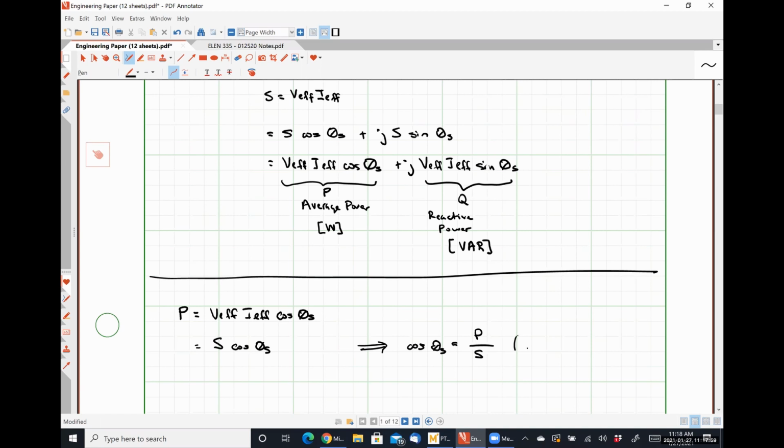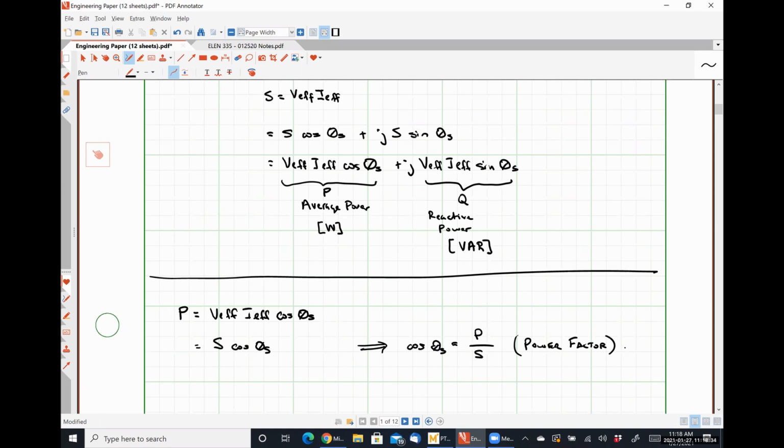We call this number, or this representation, the power factor, all right? Which is why theta s is called the power factor angle, okay? The power factor is a number that ranges from -1 to +1, okay? So a power factor of +1 means that the load is capable of absorbing all of the power that is delivered to it.